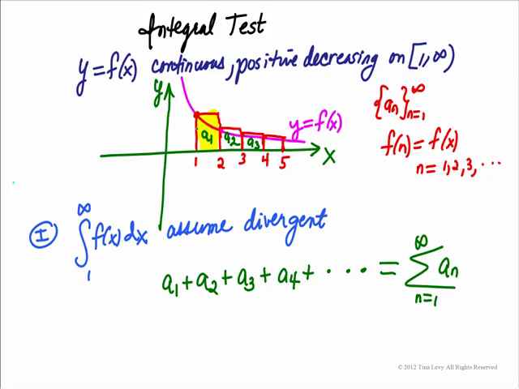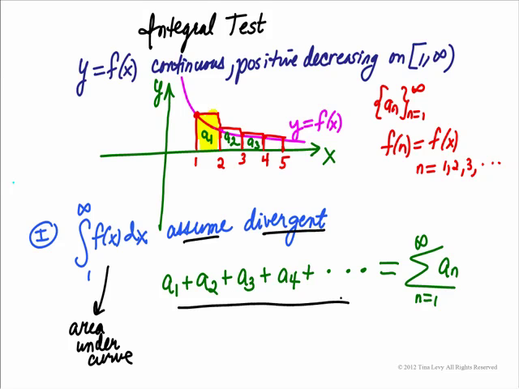Because these rectangles are circumscribed, the sum of those areas will be greater than the area under the curve. The integral from 1 to infinity of f of x is the area under the curve, and I've assumed it's divergent, but I now have summed up infinitely many circumscribed rectangles.